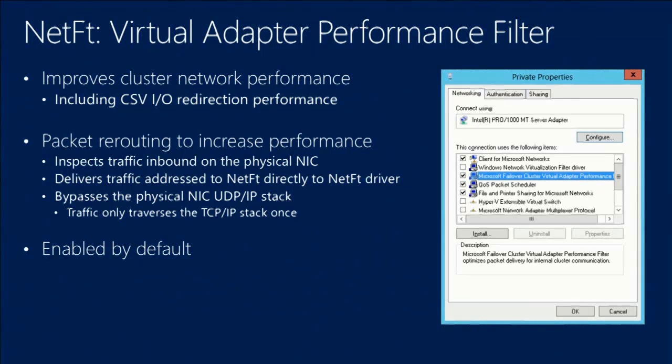So this performance filter, instead of crossing the network stack twice, actually sends directly to the NetFT, and NetFT sends it to the cluster service. So your traffic doesn't cross the network stack twice. And that actually has a good amount of performance improvement for cluster traffic, including cluster shared volumes. This performance filter in Windows Server 2012 has been enabled by default. And so again, no configuration necessary for this.